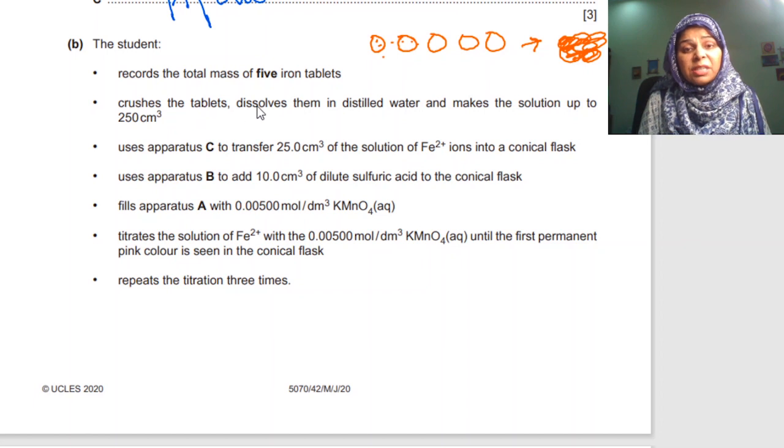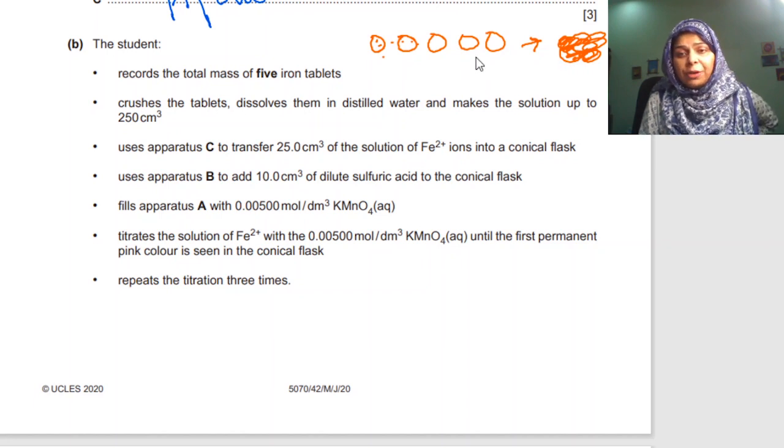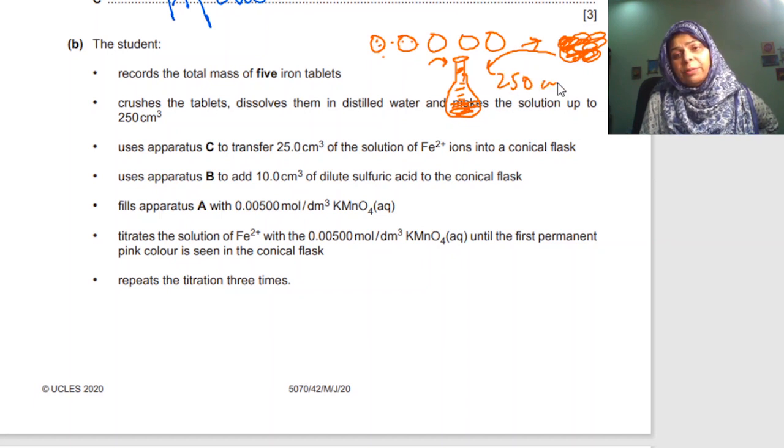He crushes the tablets, dissolves them in distilled water and makes the solution up to 250 centimeter cube. So after crushing, it will be dissolved in the volumetric flask. This is a volumetric flask where all of this powder will be added, and the rest of the distilled water will be added to make the solution up to 250 centimeter cube.